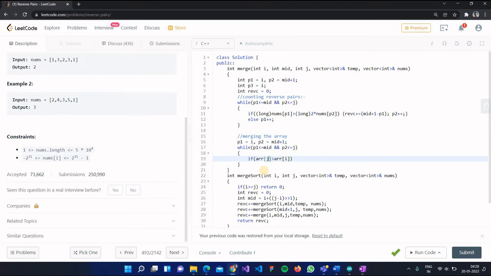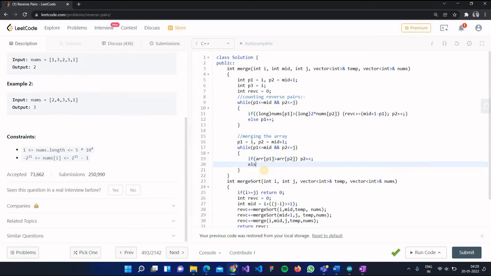Sorry, I wrote this p1 and p2, it should be right. So this is the step. If this happens, we simply forward p2, and if it's in normal order, we simply forward p1. But here, as you can see, we have also taken, and we have to store this sorted fashion element in one other array.